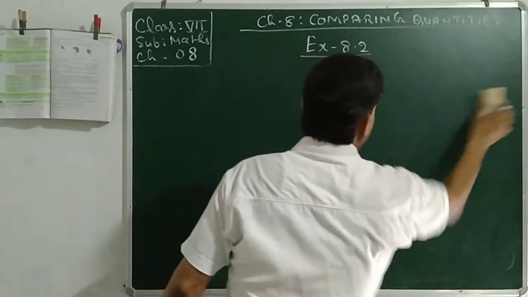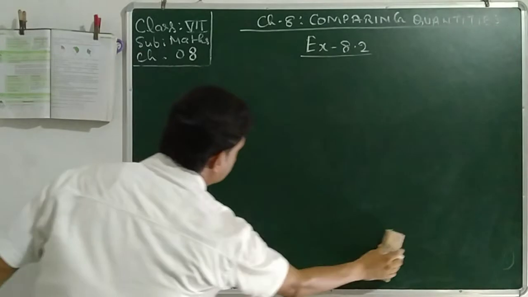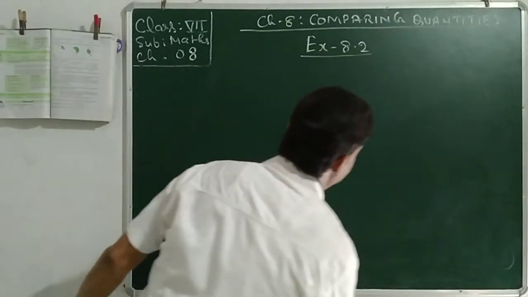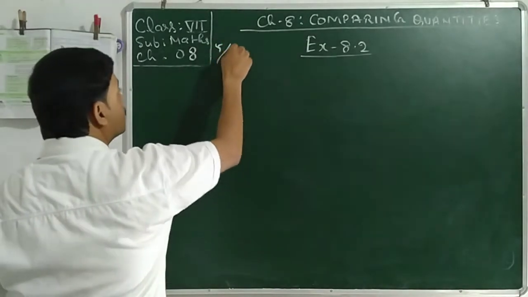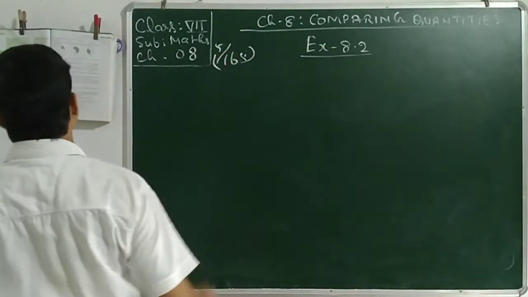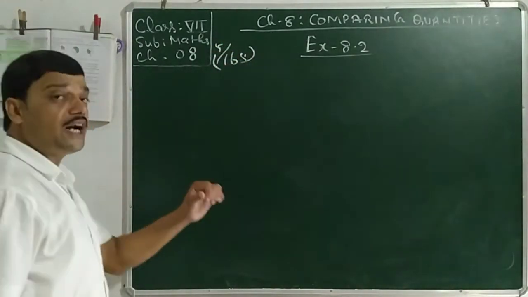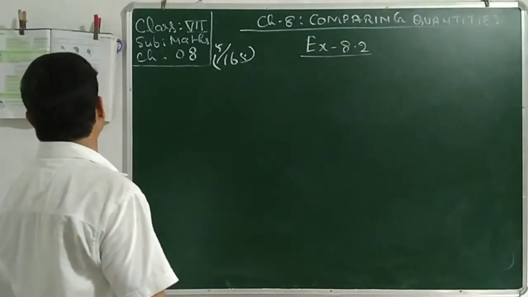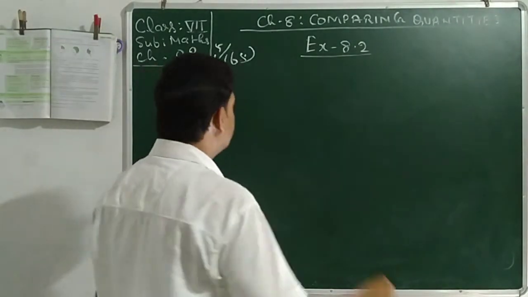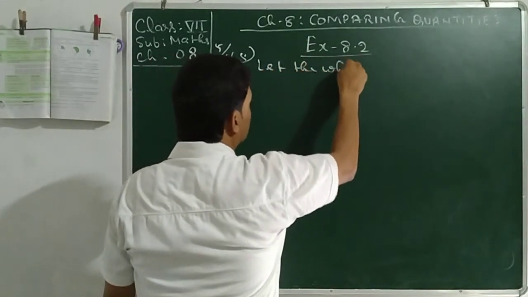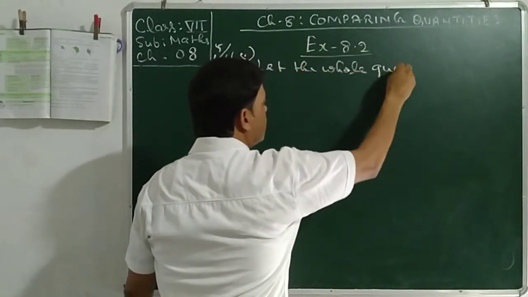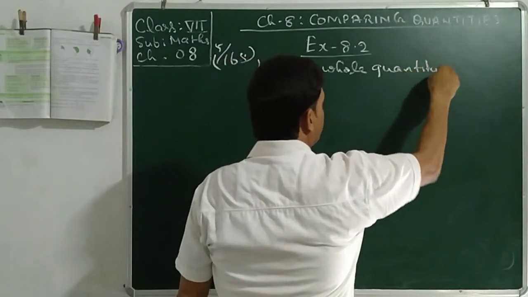In the 5th sum, from the same page, that is page number 165, find the whole quantity if 5% of it is 600. Let the whole quantity be x.